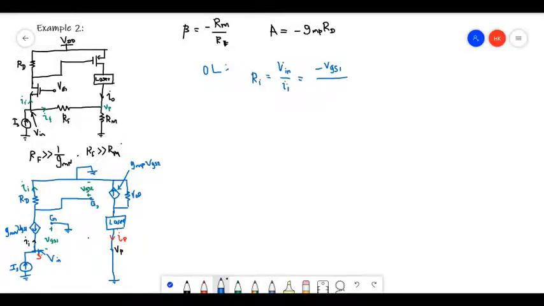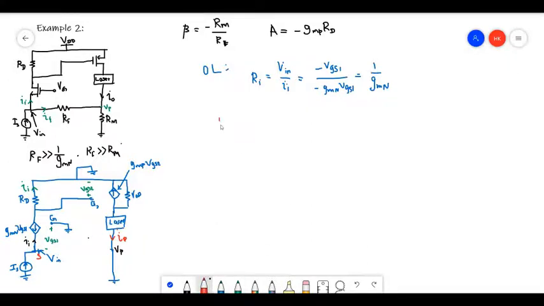And when we take the input current, it will be equal to minus this current, so it is minus GMN VGS1. When minus VGS1 cancels out, the open loop input resistance will be 1 over GMN.